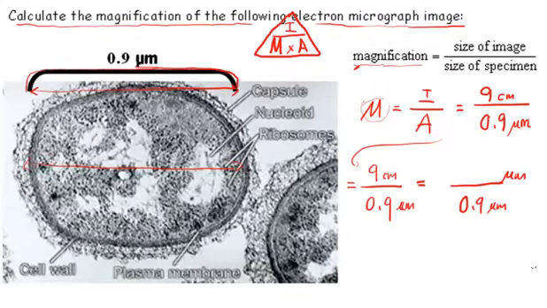I can do some rough work at the side over here. Let's see, I'm starting with 9 centimeters. Here's the decimal point for 9. To go from centimeters to millimeters, there's 10 millimeters in a centimeter, so that's just one decimal place over. And to go from millimeters to micrometers, that's a factor of 1,000.